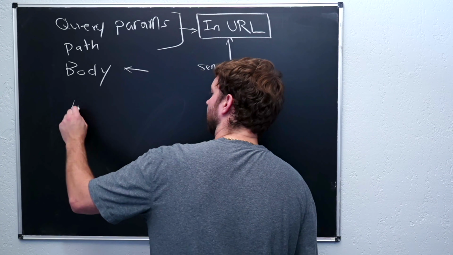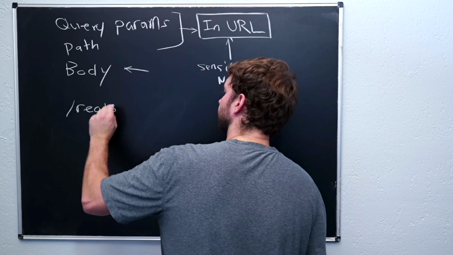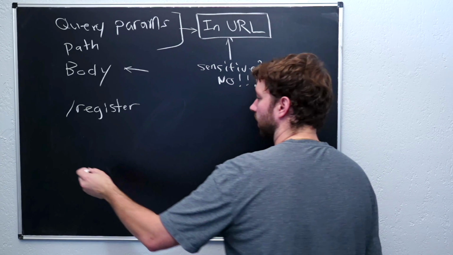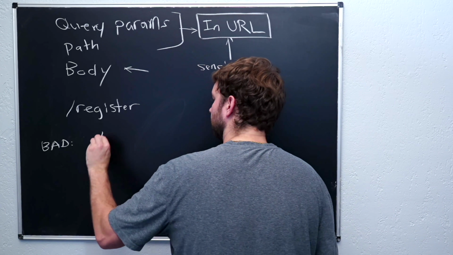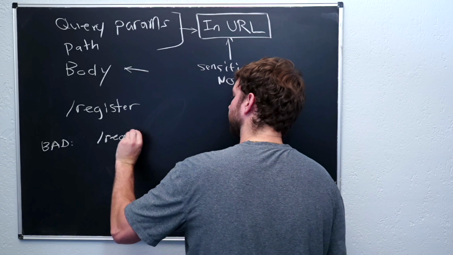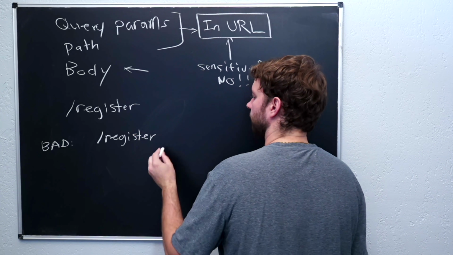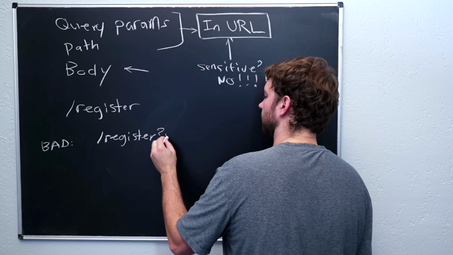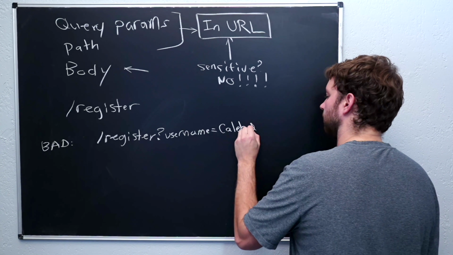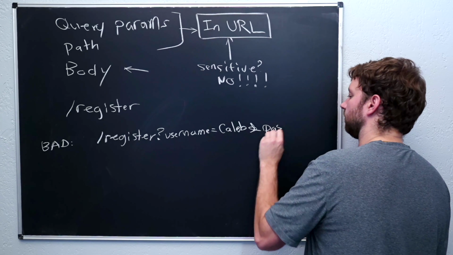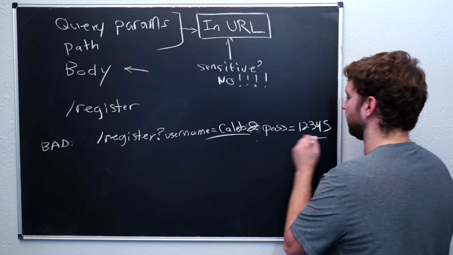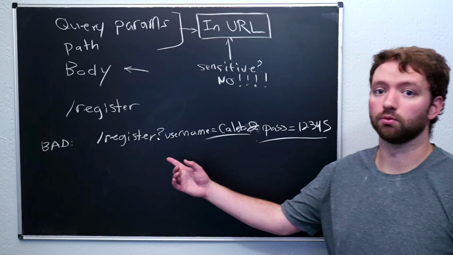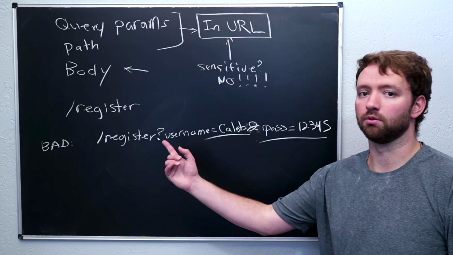So for example, let's say we had a /register. You could do it the bad way, which would be /register, and then we'll provide a username and we'll provide a pass. And this is a unique URL that has my username and password that I'm trying to use for registering embedded in that URL.